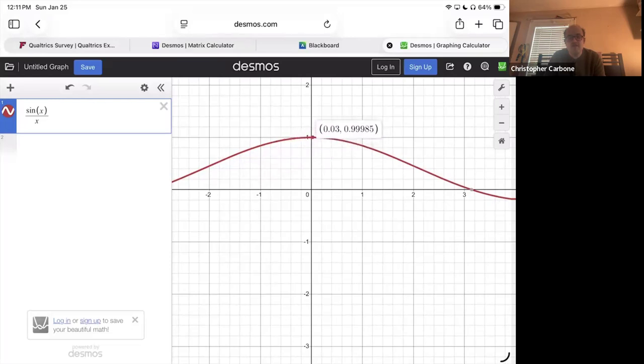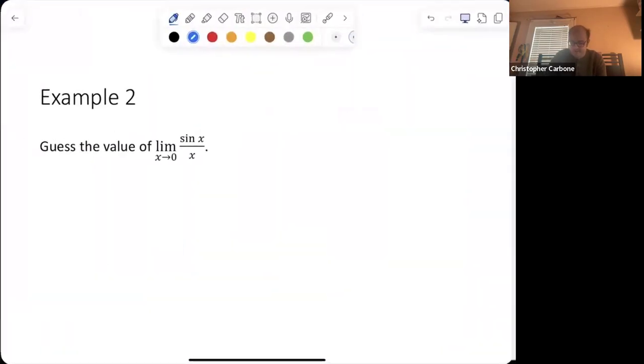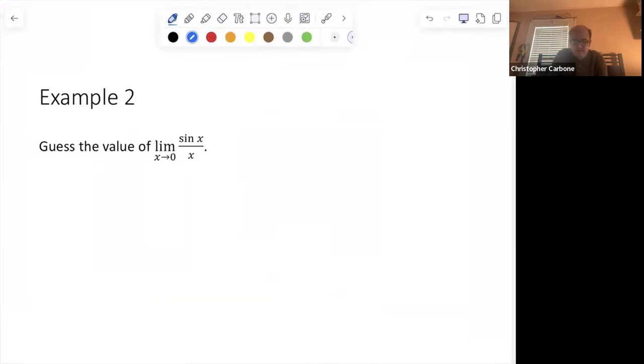Even though you don't really see the hole in the graph nicely, if I hover over this, you could see it's undefined due to that 0 over 0. But we could also do this from the right-hand side. The closer and closer we get to 0, we keep approaching that value of 1. Which means, even though this one's not as nice to show algebraically, that this gives us a value specifically of 1.